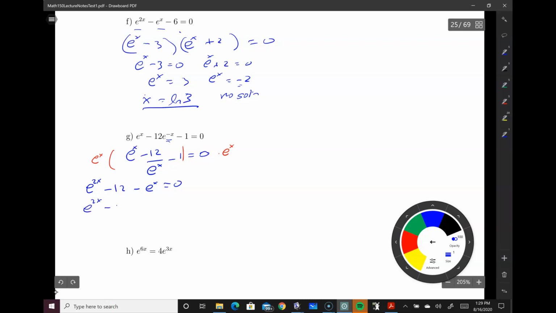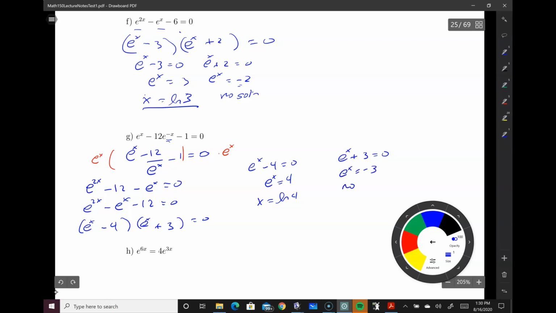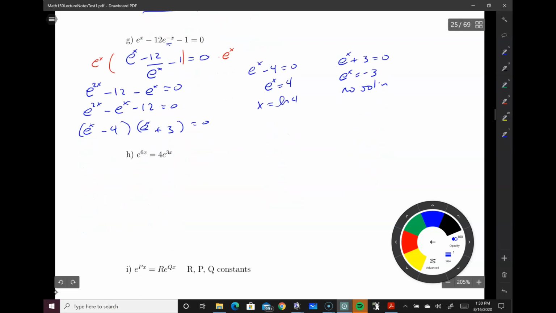So if I rewrote this in descending powers, I think this will factor, right? e to the x minus 4, plus 3. So e to the x minus 4 is 0. e to the x plus 3 is 0. e to the x is 4. So that gives us x equal ln of 4. This is e to the x equal negative 3. That doesn't work.